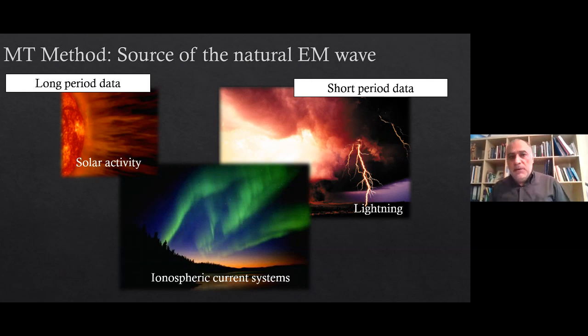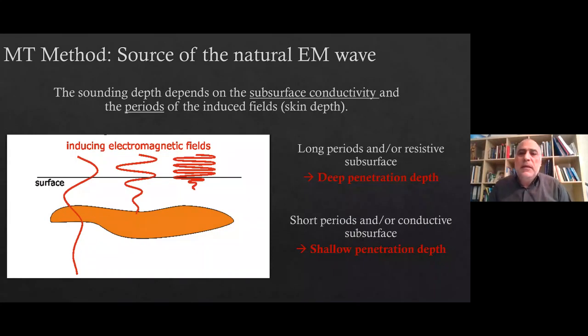The whole MT method is based on the EM plane wave assumption. That means the current system generated in the ionosphere propagates through the air and downwards and enters the subsurface at different frequencies.